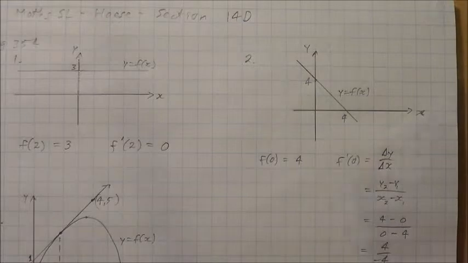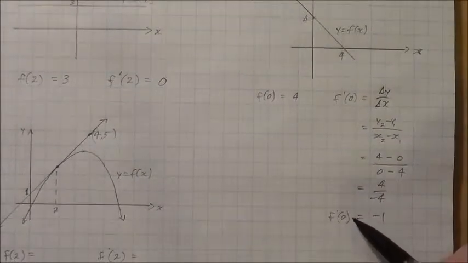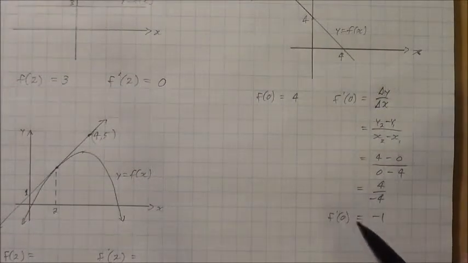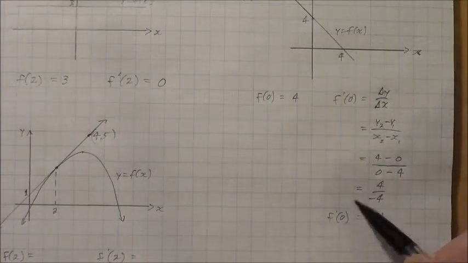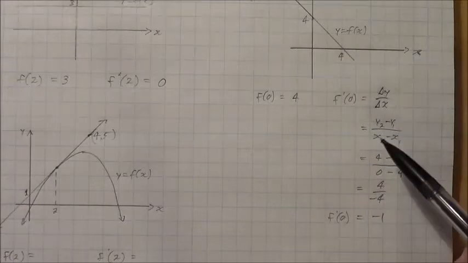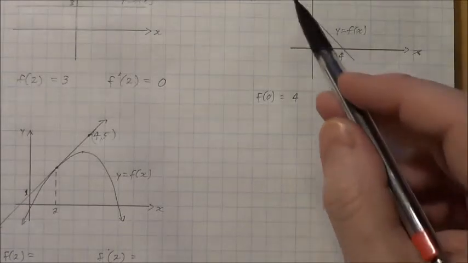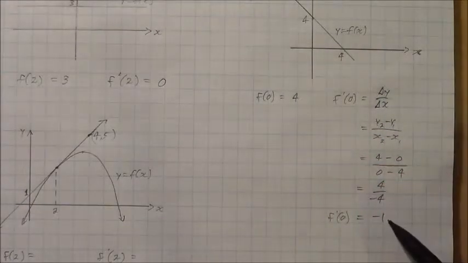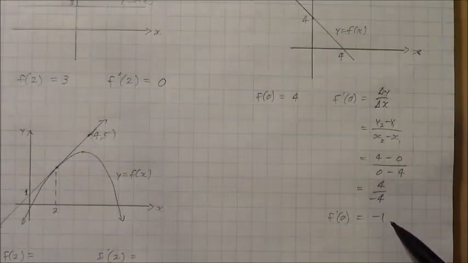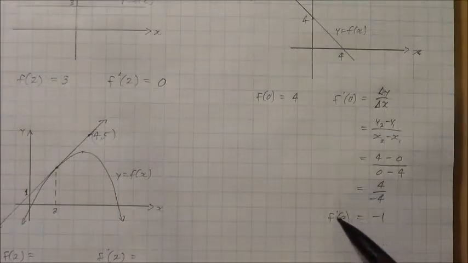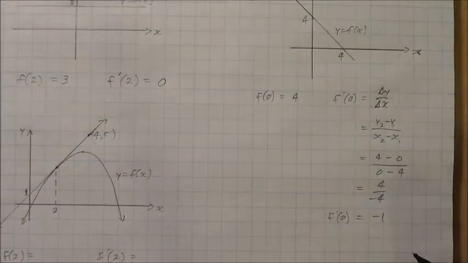So f prime of 0, sorry, I'm pointing to something you can't see, f prime of 0 is going to be negative 1, just like f prime of 1, f prime of 2, f prime of 4. Anywhere along that line, the rate of change will be negative 1, or the derivative function at any value of x will be negative 1. So in this case, f prime of 0 is negative 1.